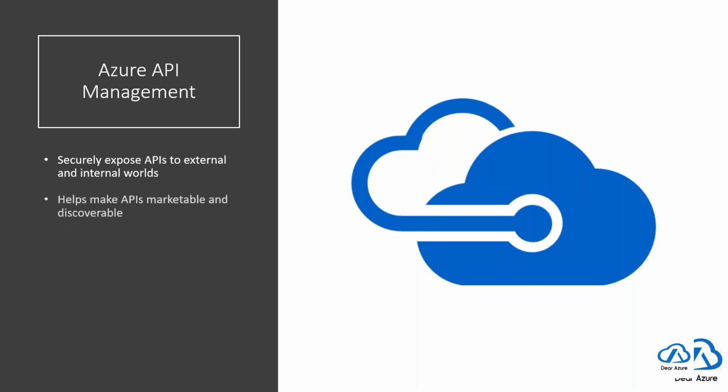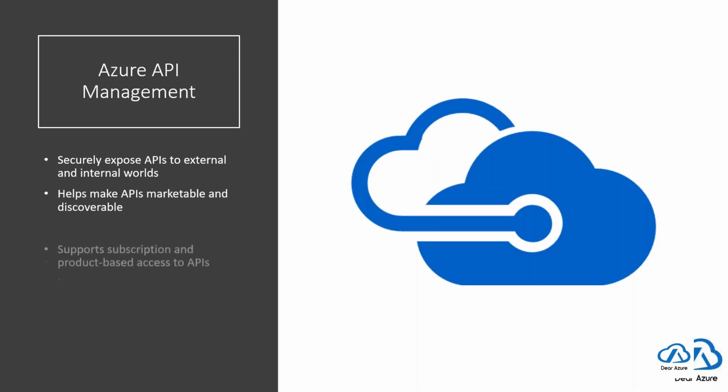Since it can mask the backend URL, we can create URLs that conform to REST nomenclature used by web APIs, and that makes them more discoverable and marketable, and we can also monetize them. Azure API Management supports product and subscription-based access to the API so that only intended users can use the API.